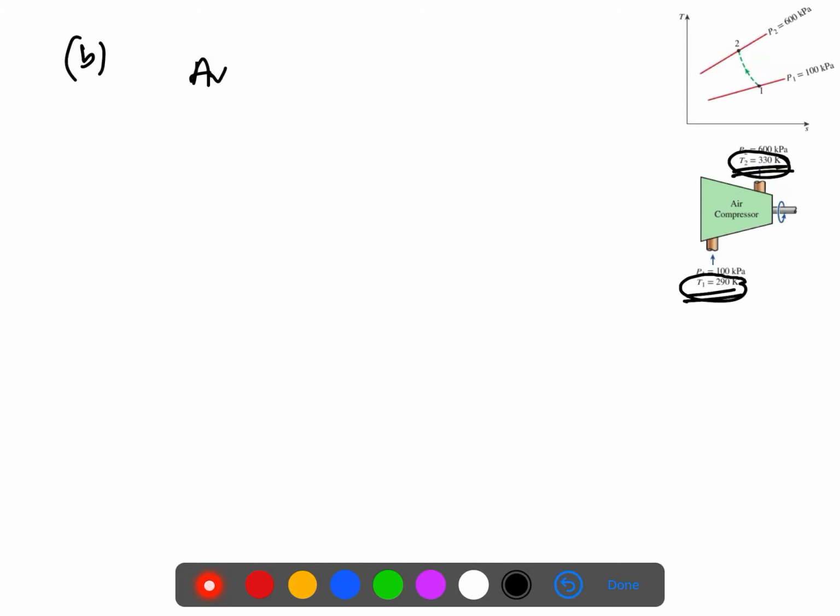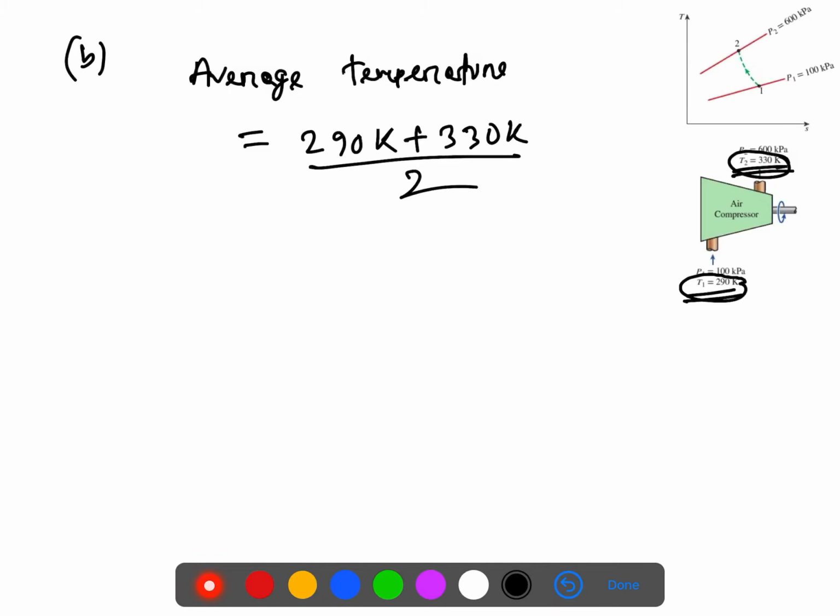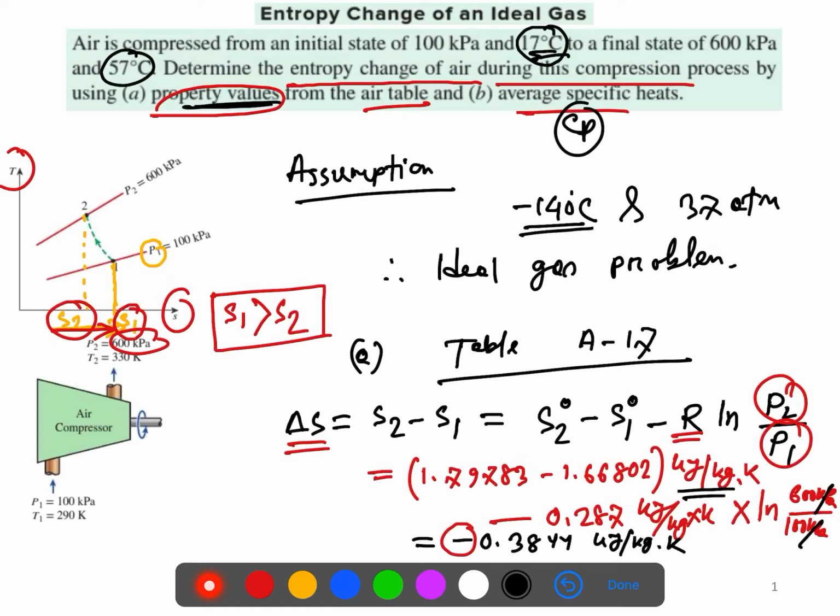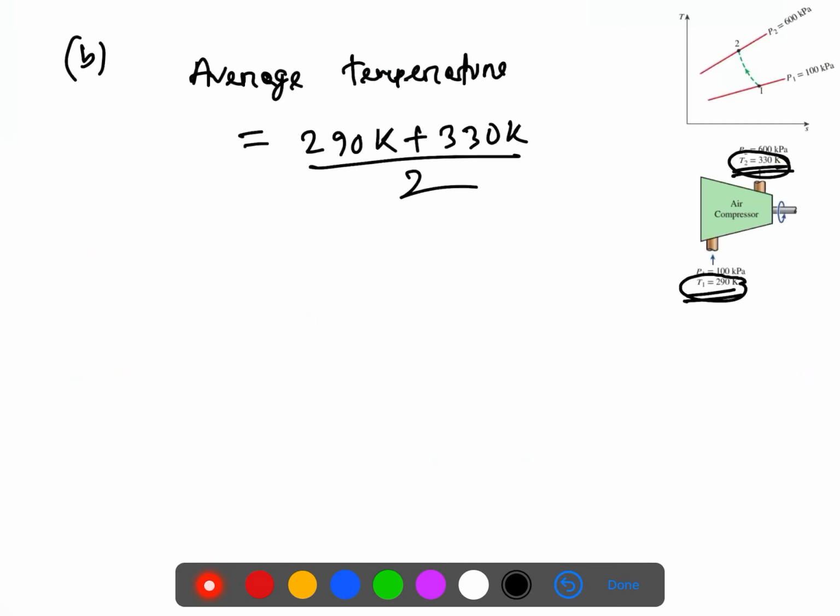You can write it like this: the average temperature is equal to 290 Kelvin plus 330 Kelvin over 2, because the question says to use the average specific heat. To get the average specific heat, we need to make this temperature an average.